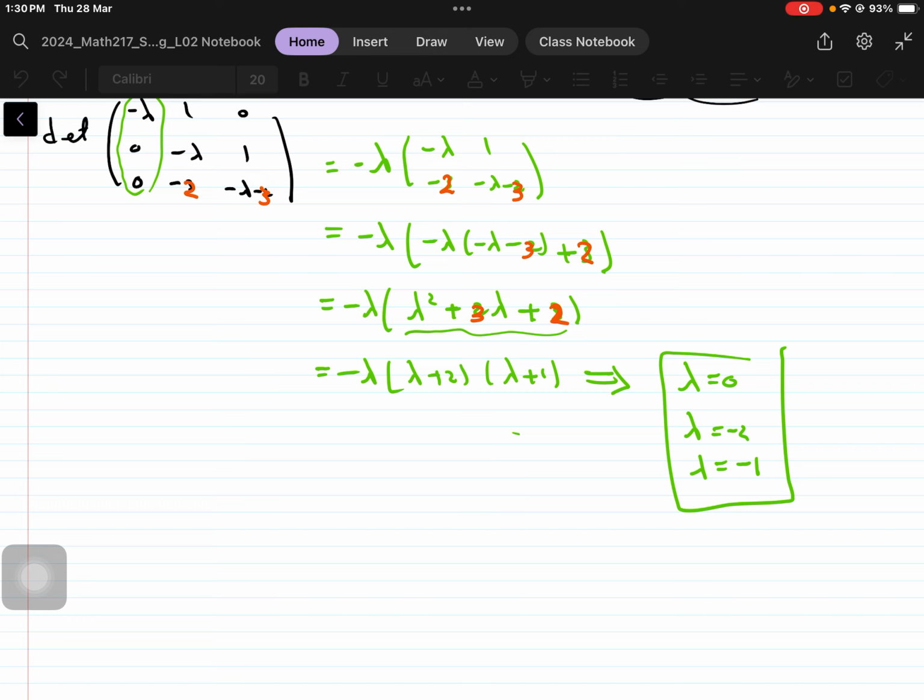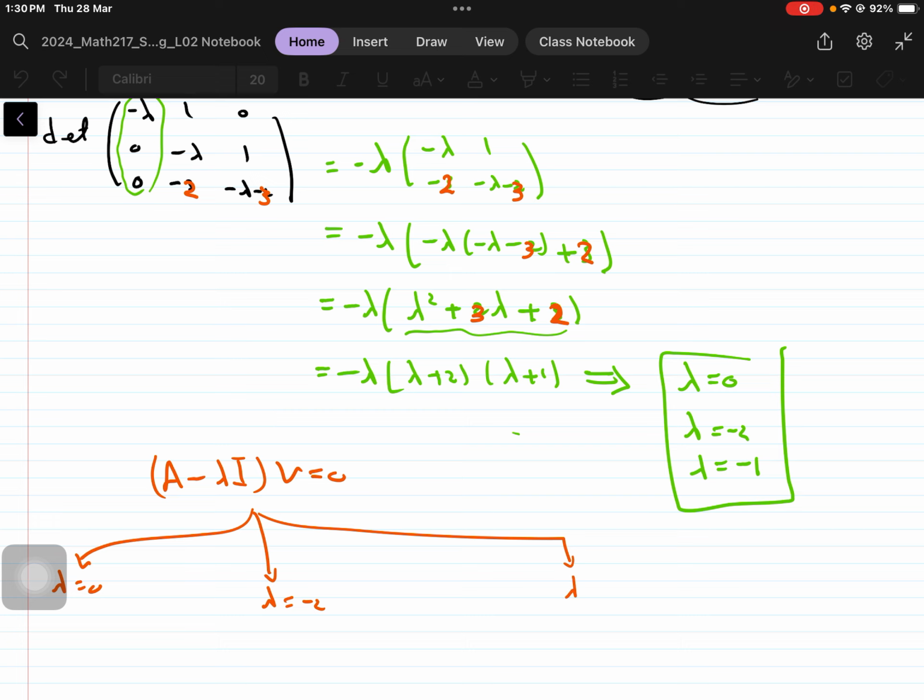From where? From A minus lambda I times V equals 0, the eigenvalue problem that we solved. How are we going to do this? We're going to choose once lambda equals 0, another time lambda equals -2, lambda equals -1.